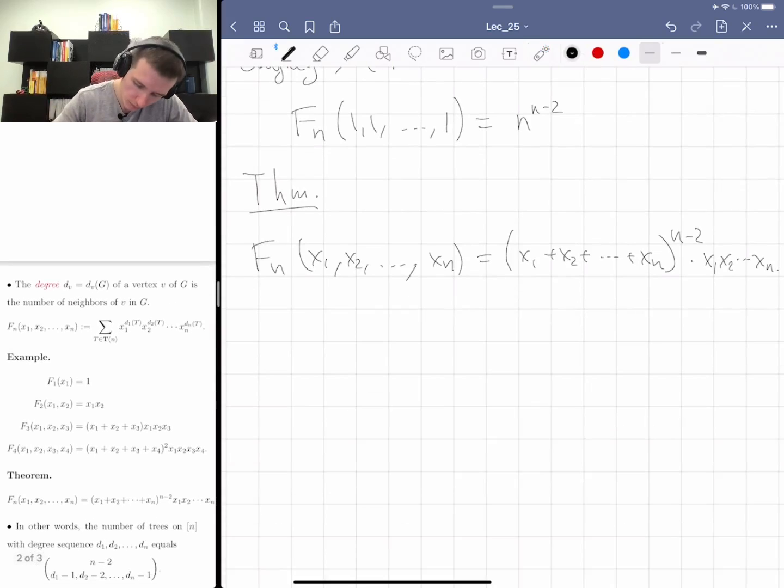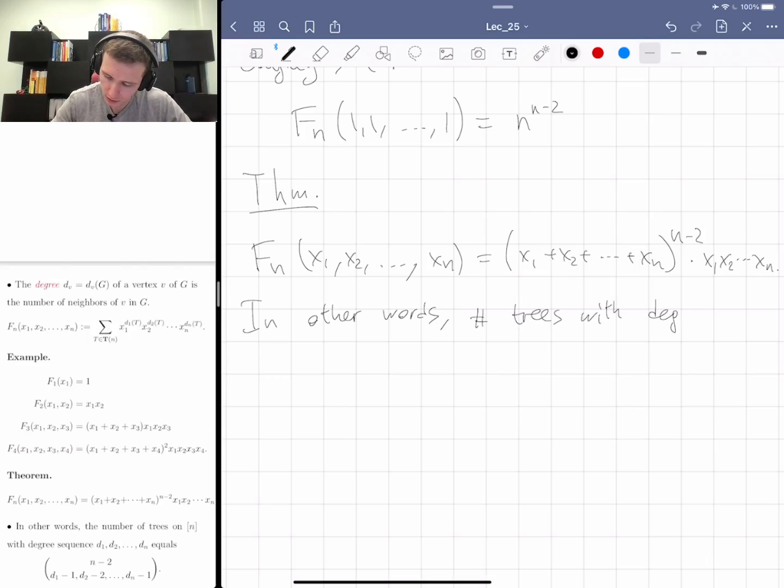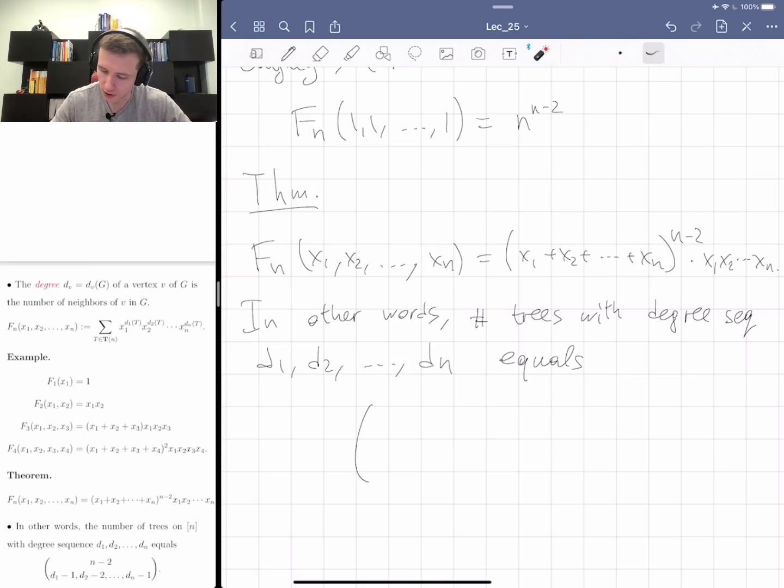So, in other words, this lets you count the number. You can prescribe the degree sequence. So the number of trees with degree sequence d1, d2, so just arbitrary n numbers, equals, and so you ignore this part here, and this part decreases every degree by 1.